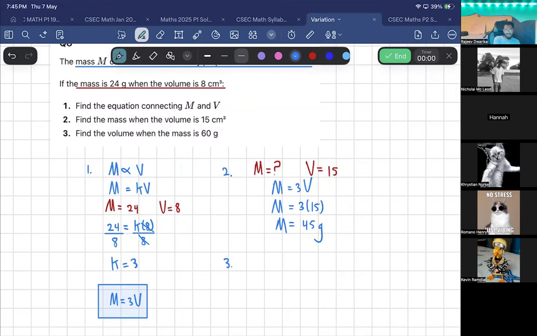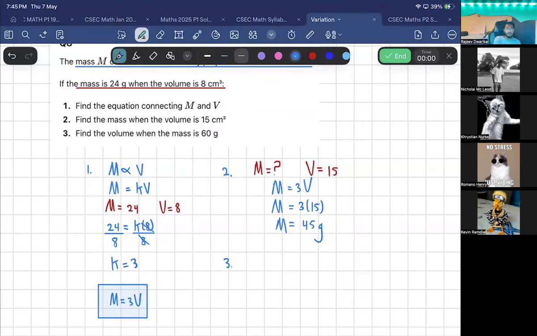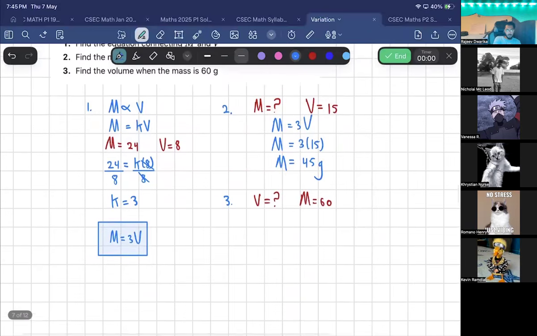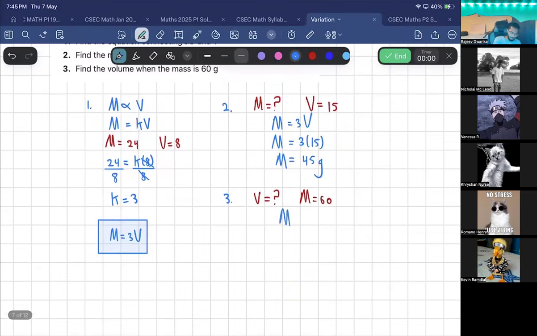Alright. Part 3. Find the volume when the mass is 60 grams. So in the third part, they want me to find the volume. I'm going to put a question mark there. And they're saying when the mass is 60 grams. So again, which equation am I going to use? M equals 3 times V. Do we know what M is? M is 60. Do I know what V is?